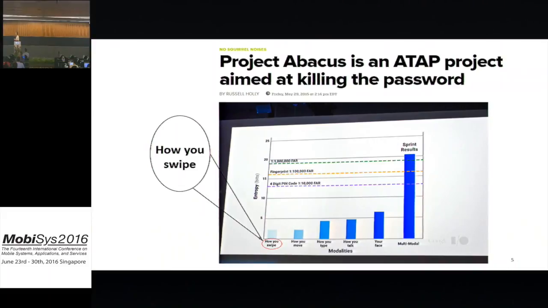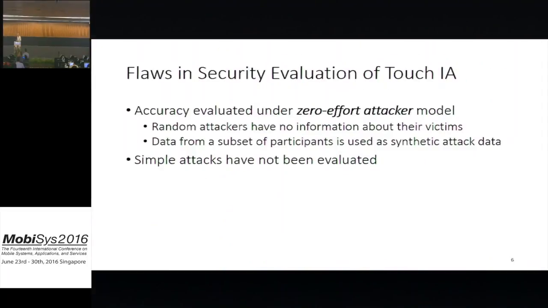Our message is, well, take a closer look at the security of these schemes. Why? The way these schemes have been evaluated is with what we call a zero-effort attacker. The attacker is not willing to spend any effort on attacking these schemes.